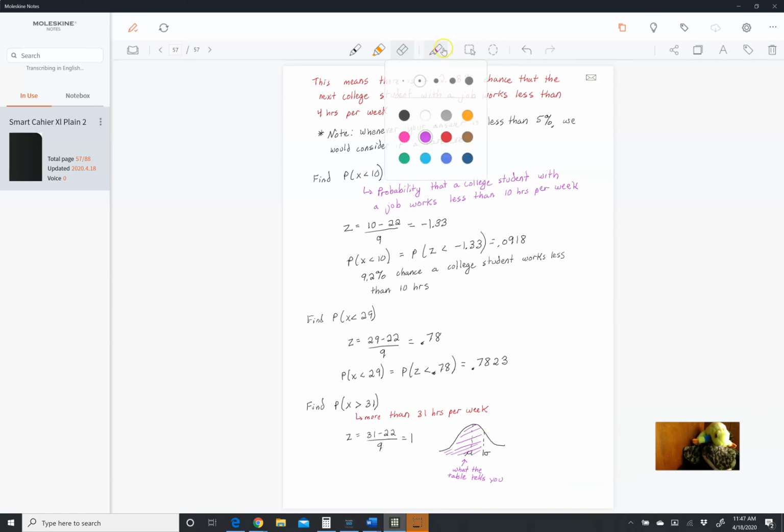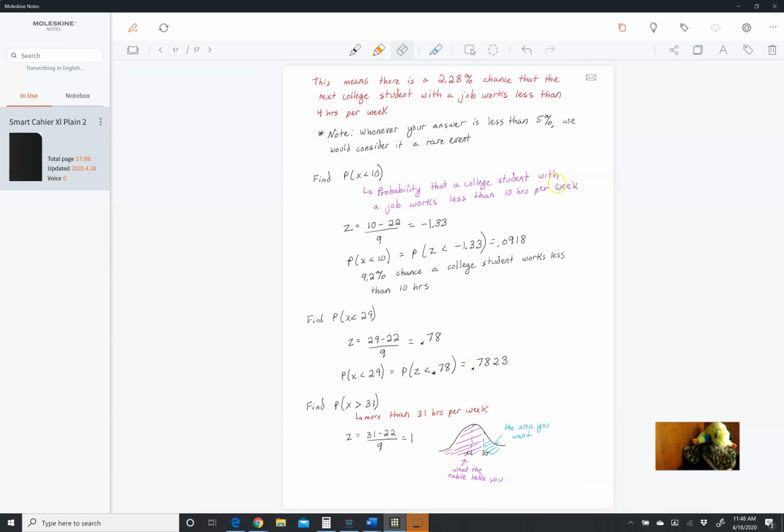You want the area on the other side. So how do you get that? Well, you take the whole area, which is 1, and you subtract what you're being told.